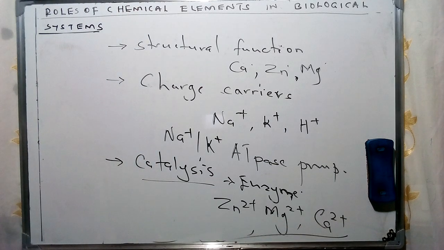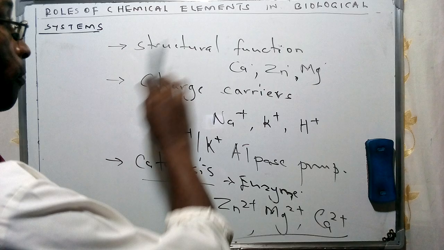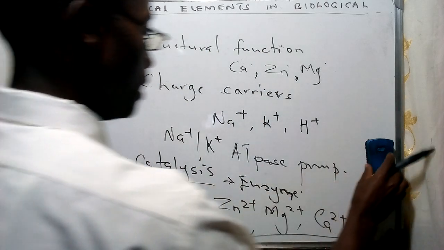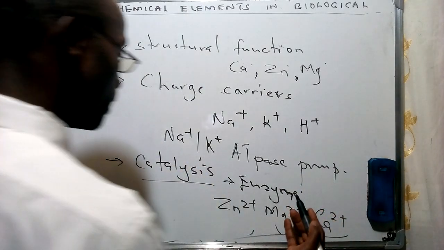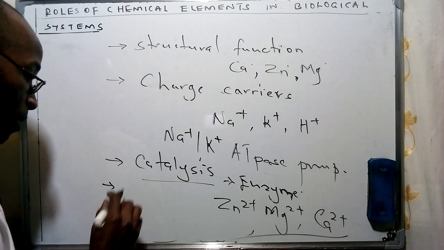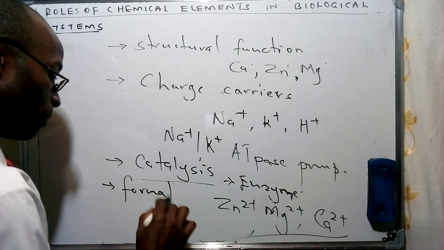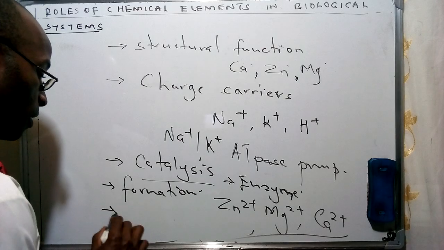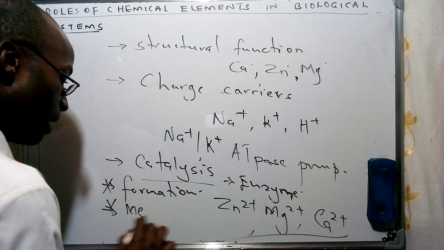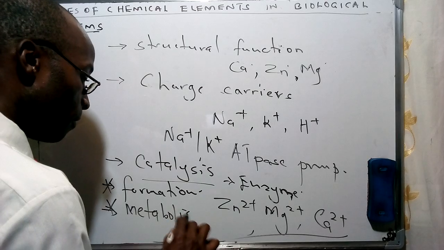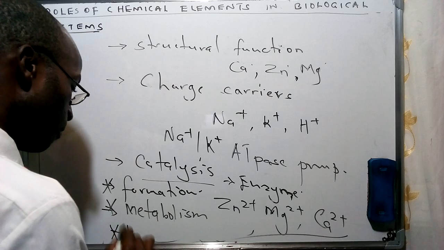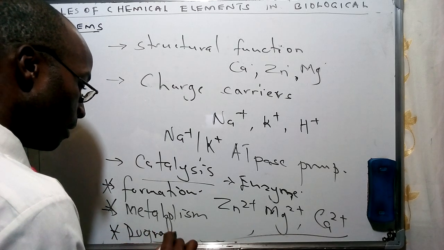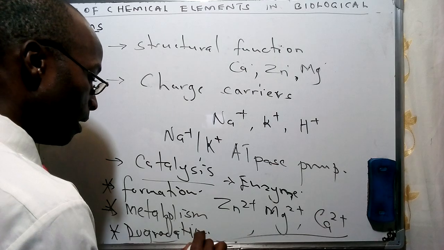We had also mentioned that apart from playing the role of structural functions, charge carriers, and involvement in the process of catalysis, particularly for the last one, this is going to be involved in the formation of compounds. It is also going to be involved in the metabolism of some of the compounds which are essential in our body. And lastly, it's going to be involved in degradation of these specific organic compounds.